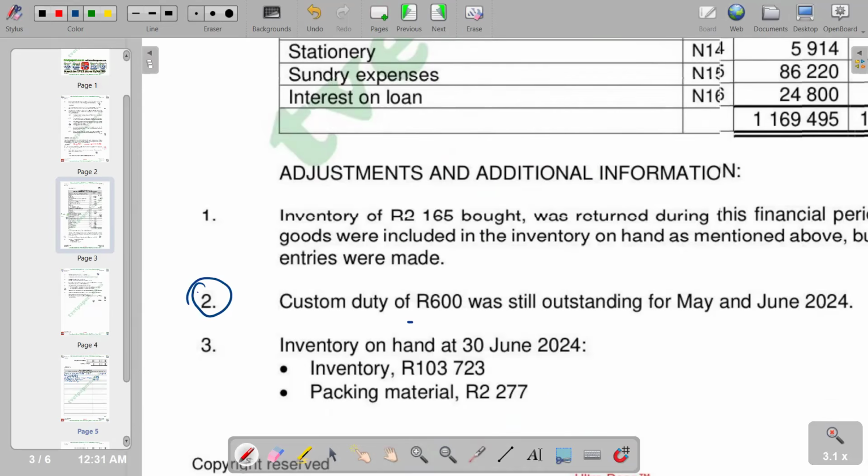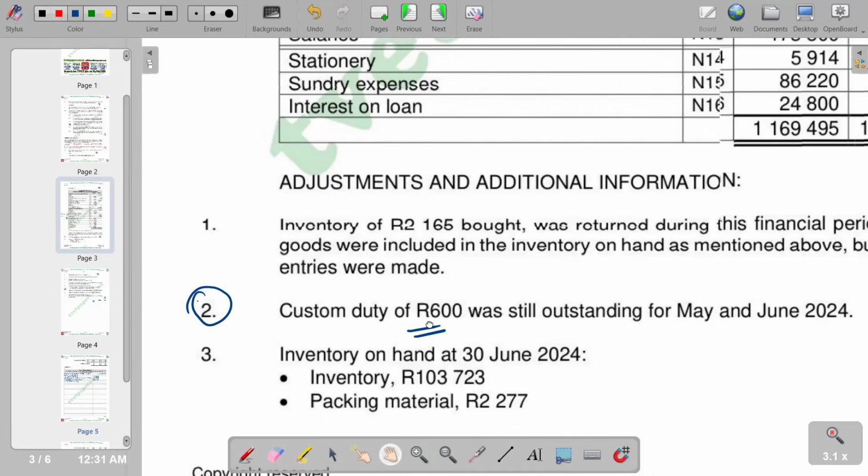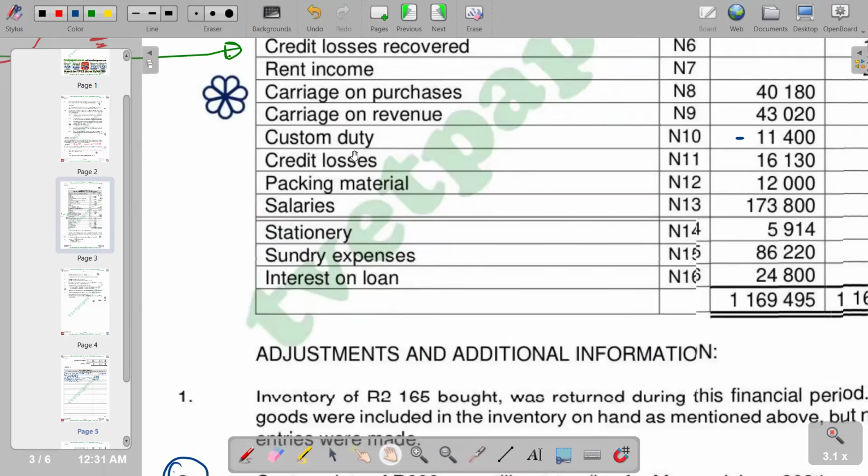So if it's outstanding, we need to add it. Remember, according to the matching principle, we should record what belongs to the current financial period in the current financial period. So in this case, our 600 as an owing, we need to add to the figure we are given as customs duty, which is 11,400.